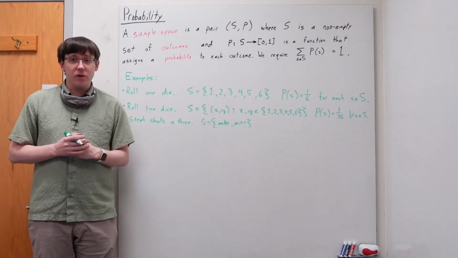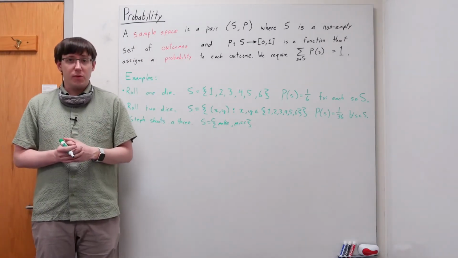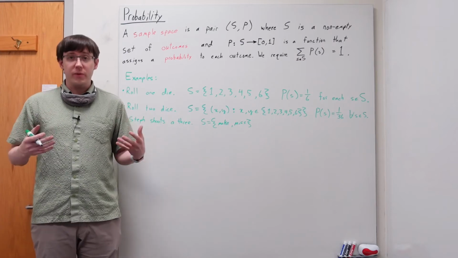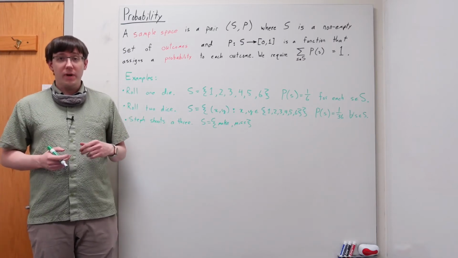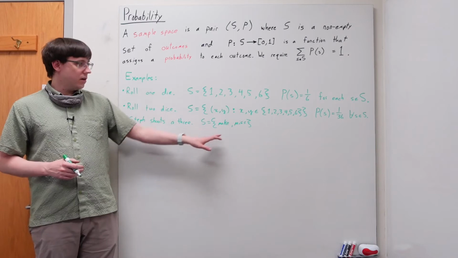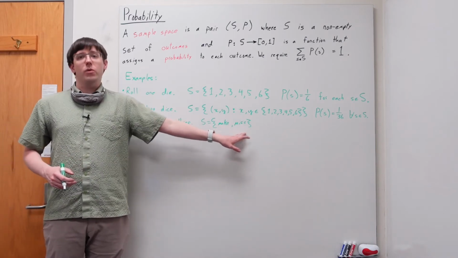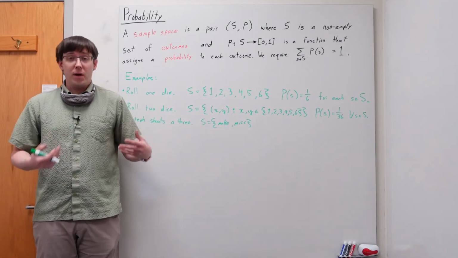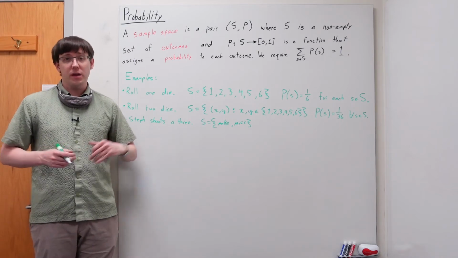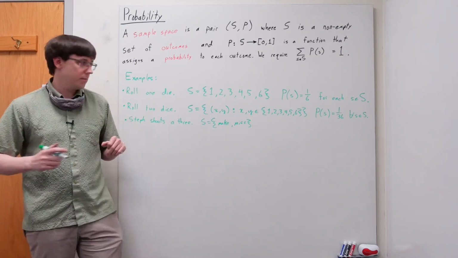If the random outcome we're trying to model is the probability of Steph Curry making a 3 in a game, then we might have the outcomes of the shot was made or the shot was missed, and the probability of those outcomes might be 40% and 60%.